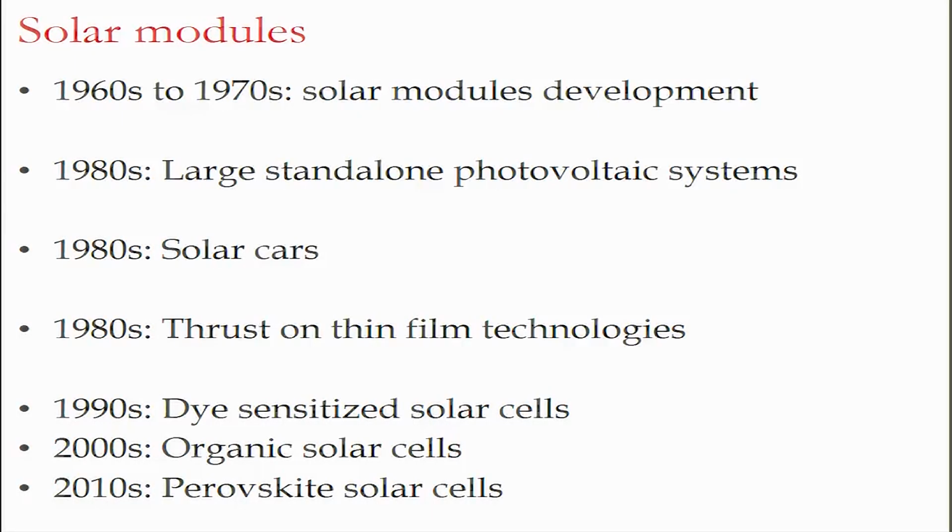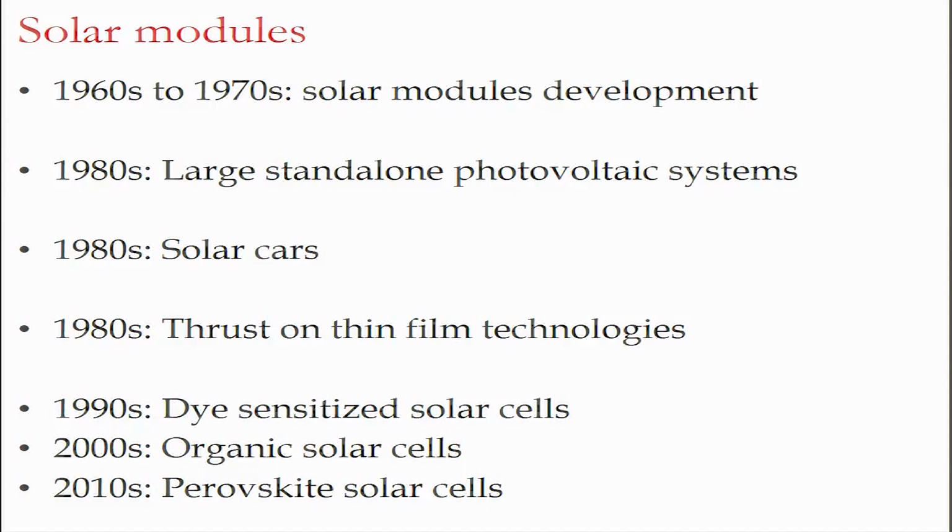So there was a lot of effort on developing thin film technologies, such as cadmium telluride, CIGS, amorphous silicon, and so on. And then with the discovery of new materials, in the 1990s Gratzel's group discovered the dye sensitized, that is electrochemical, solar cell.